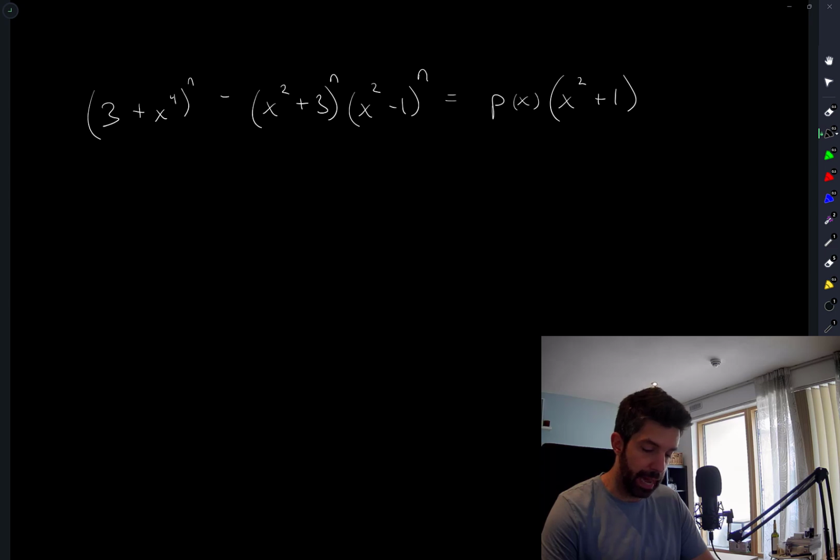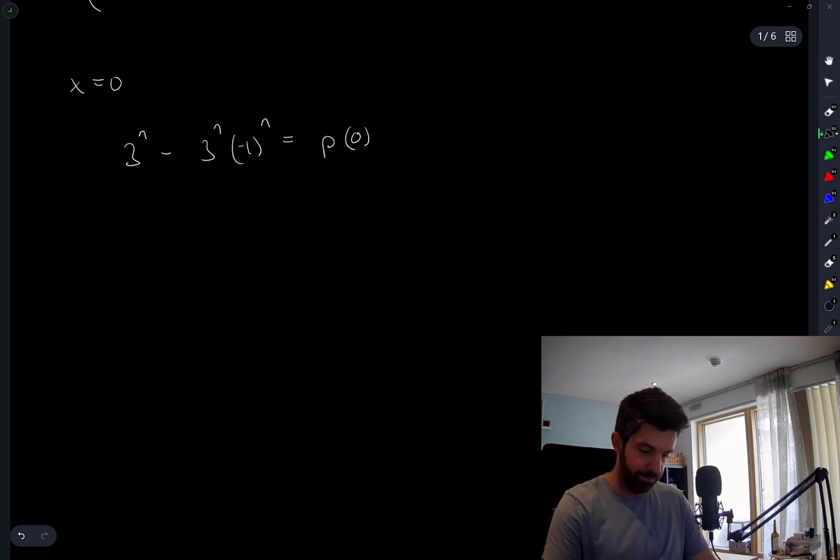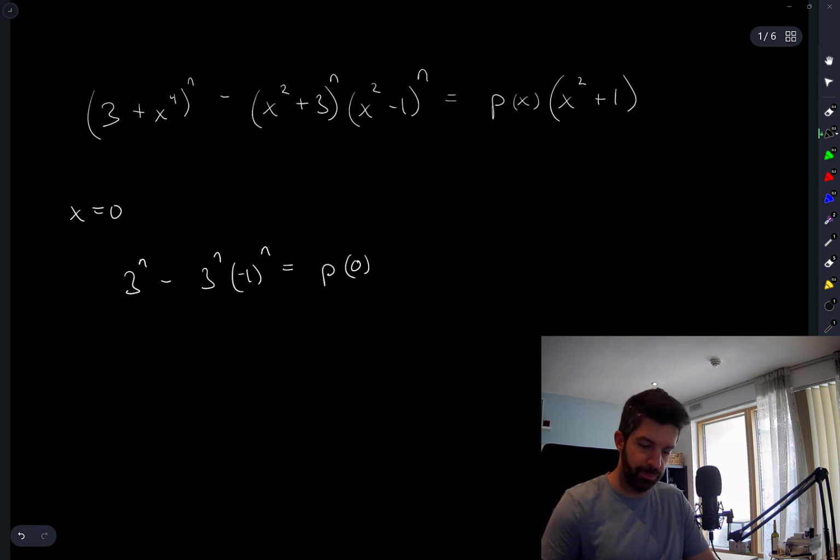The first obvious candidate is to let x be equal to 0. Then I have 3 to the n minus 3 to the n times negative 1 to the n is equal to p of 0. Oh, wait, hold on. This p is allowed to depend on n as well.